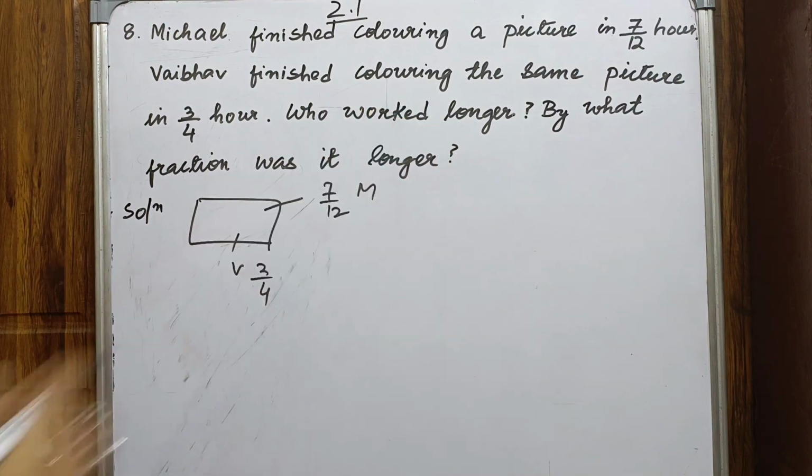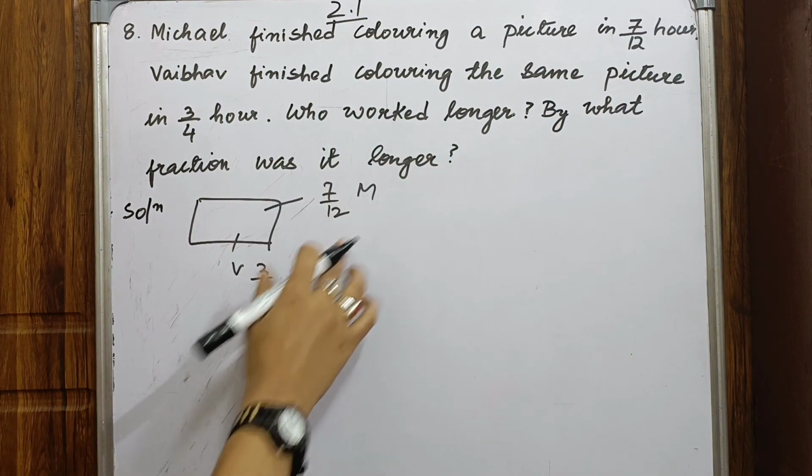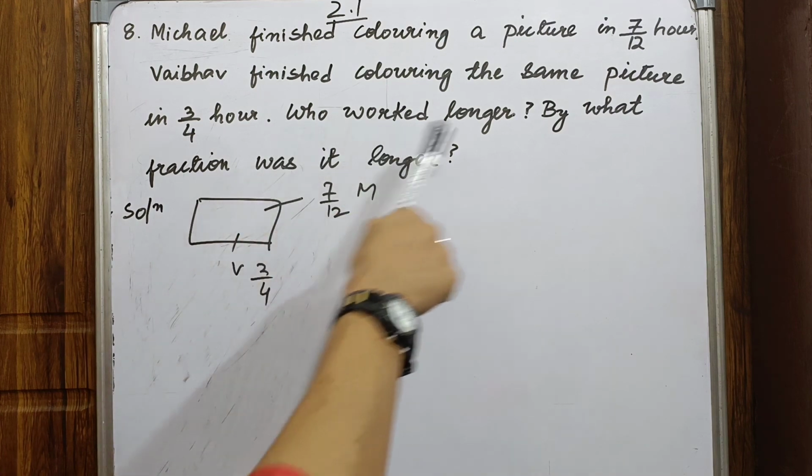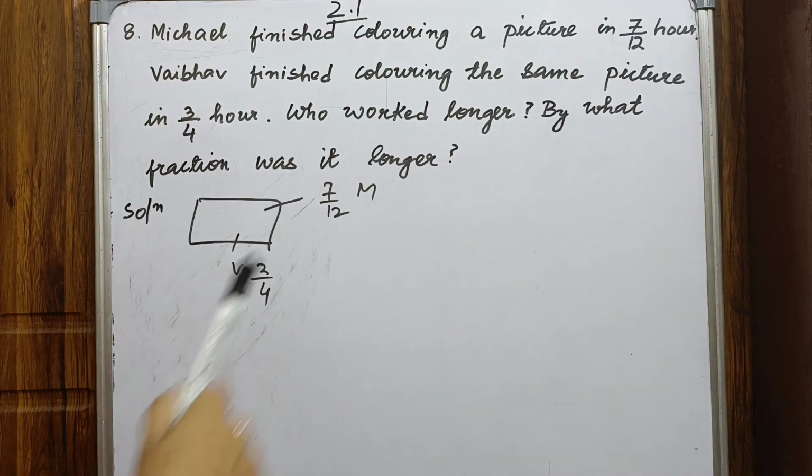So who worked longer? We do not know, because it is not calculated out of 12 hours for both. So who worked longer? By what fraction was it longer? The calculation is the same as in the previous one.